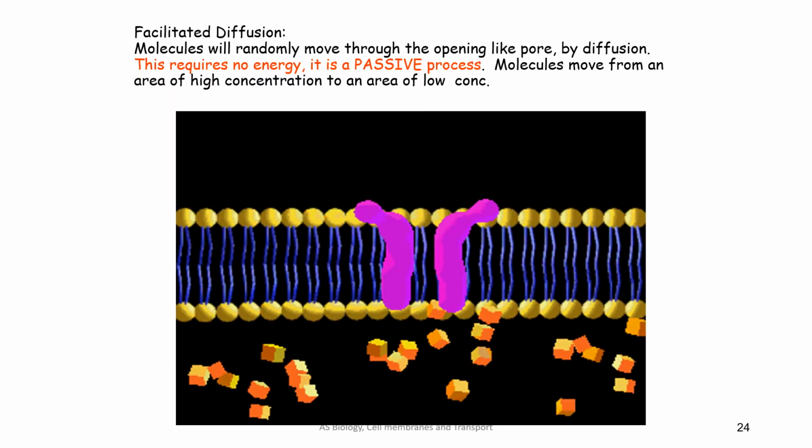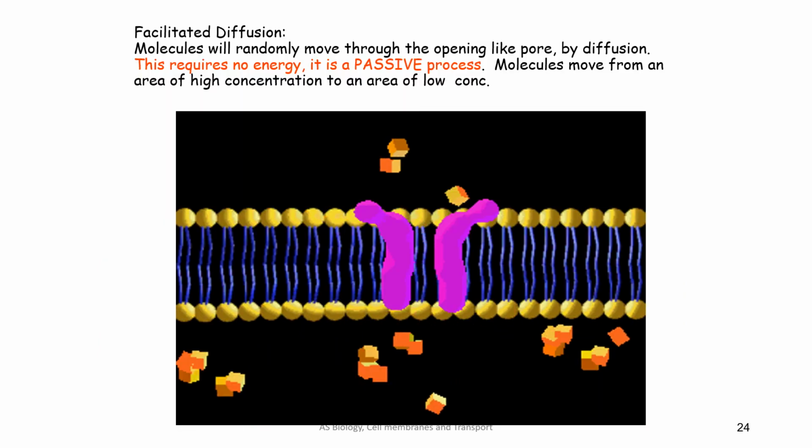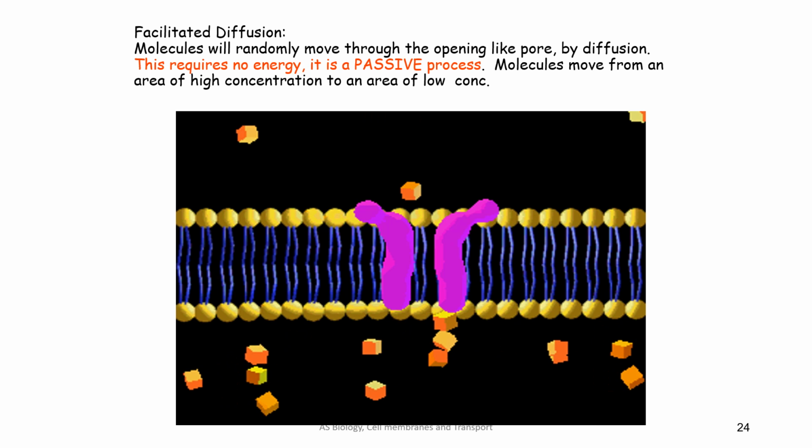And this animation is just giving you more of a visual idea of what facilitated diffusion is. It is still passive, but these molecules are passing through a channel instead of just through that phospholipid bilayer.